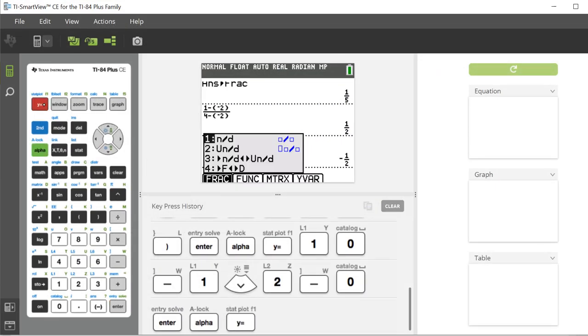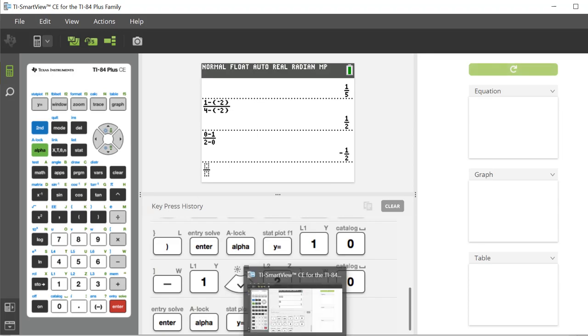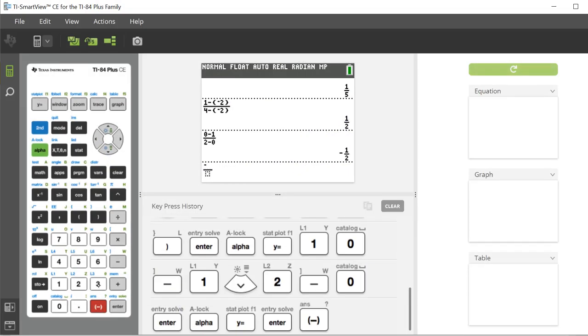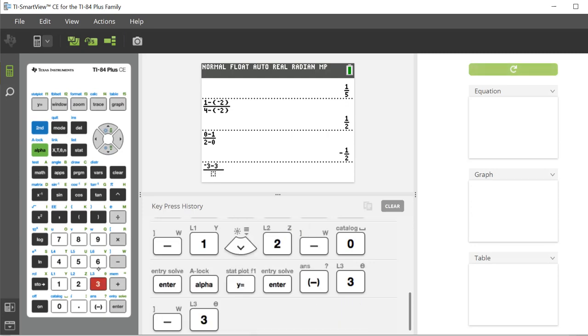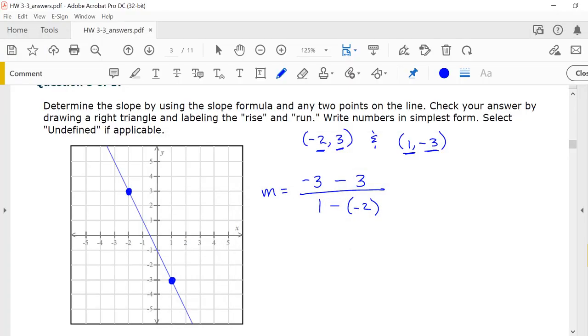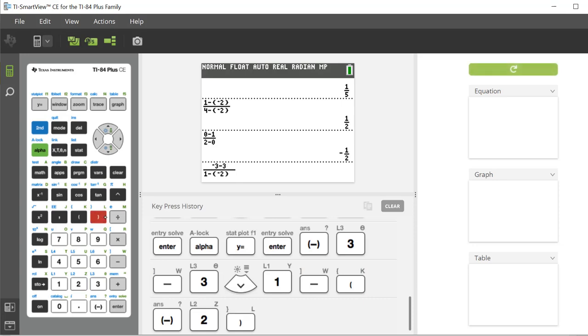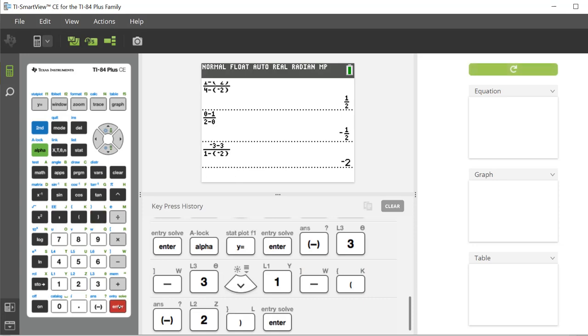Alpha y equals, number 1 for a fraction. Negative 3 minus 3 over 1 minus negative 2. My slope is negative 2.